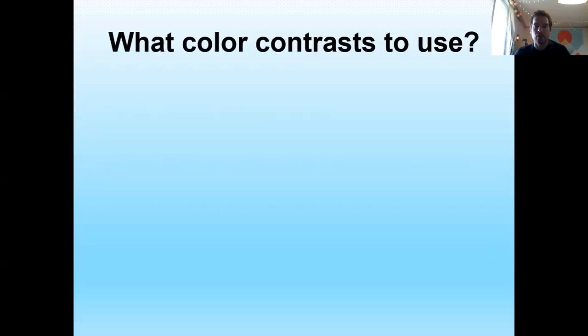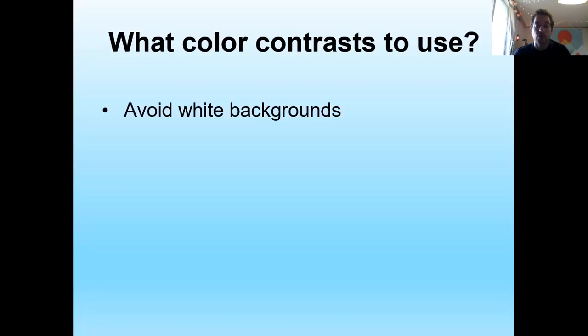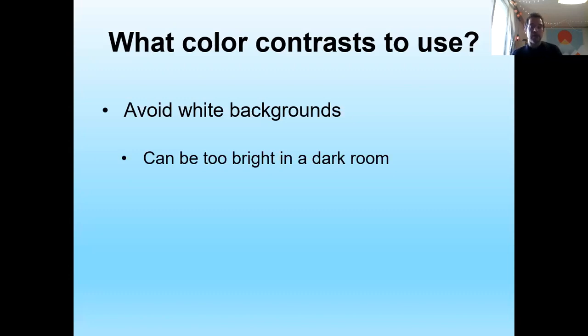Okay, now let's focus on the colors. What color contrast, what color combinations should you use? What are good color contrasts? Well, avoid white backgrounds because in a dark room, it can be too bright. Like that, it can be very bright in a dark room.